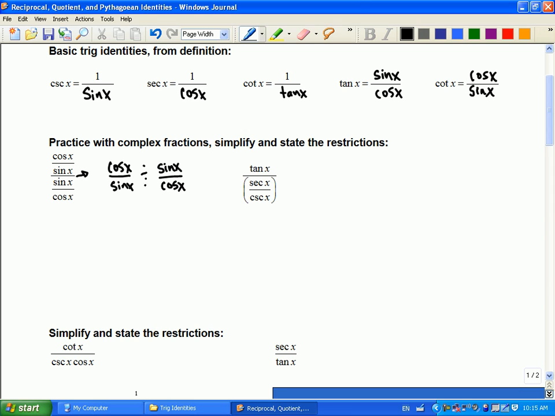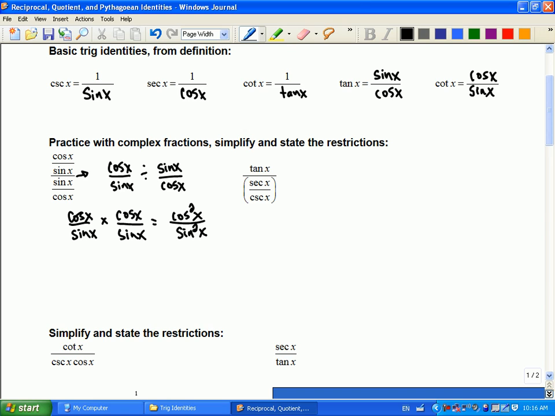So now I'm going to do what David said, you flip and multiply, but you might not have made the jump all the way to the end like he did. And that's going to end up giving us cosine squared x over sine squared x. Now, how do you think we could rewrite this?